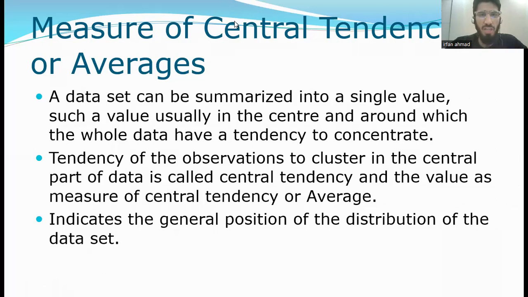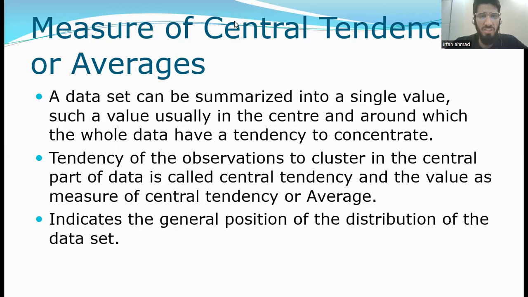So the data set can be summarized into a single value, such as the value usually in the center or around which the whole data has a tendency to concentrate. The tendency of observations to cluster in the center part of the data is called central tendency, and this is also called average.